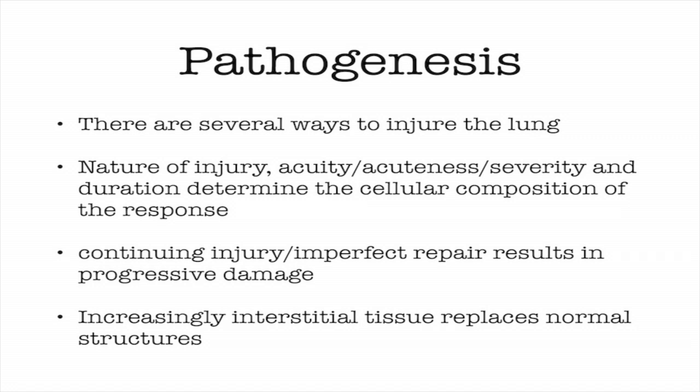But we also have to consider the acuteness, or the acuity, of the injury, and the duration we had from the history. One had 7 years, another had several other years. When we consider this, then we can know what to expect as pathologists.